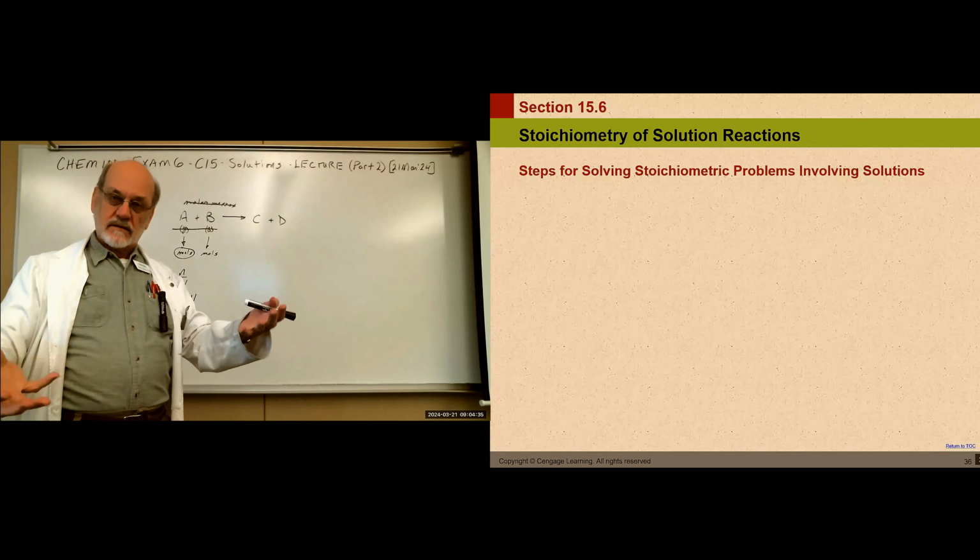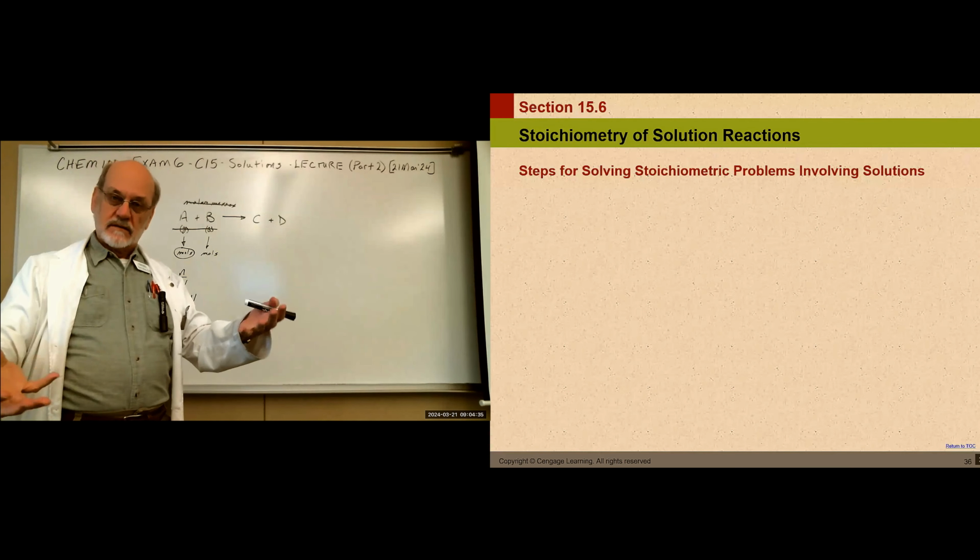So this is a list of steps that you would follow to solve a stoichiometry problem where solutions are involved. But I put these in here just for posterity. What we're going to do is work problems, and then these steps will become obvious.